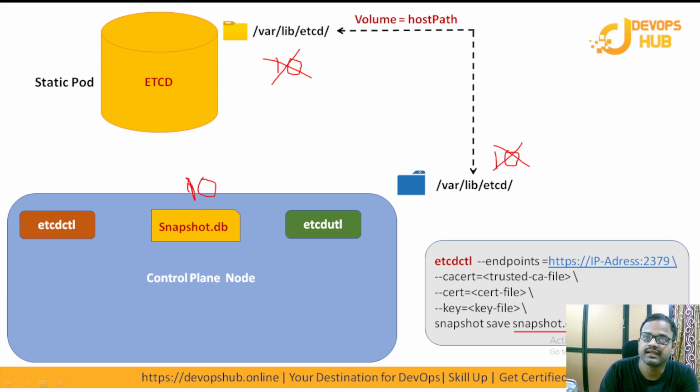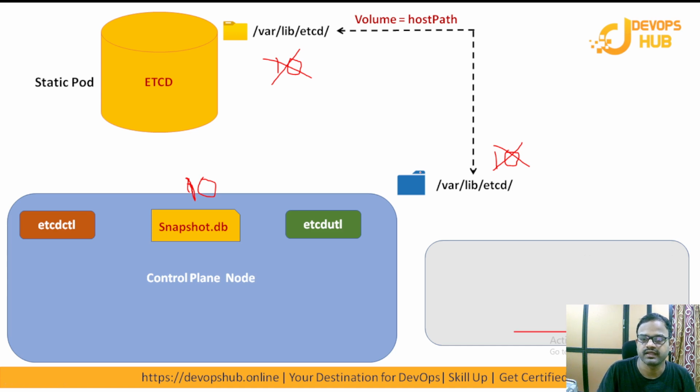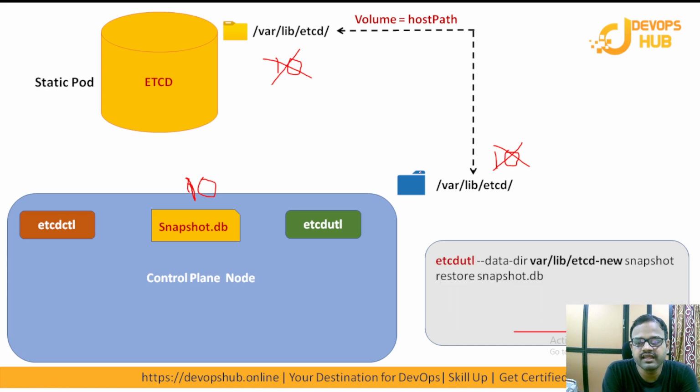So now let's try to restore it using the etcdutl command. The command to do so is etcdutl --data-dir /var/lib/etcd/new snapshot restore snapshot.db.